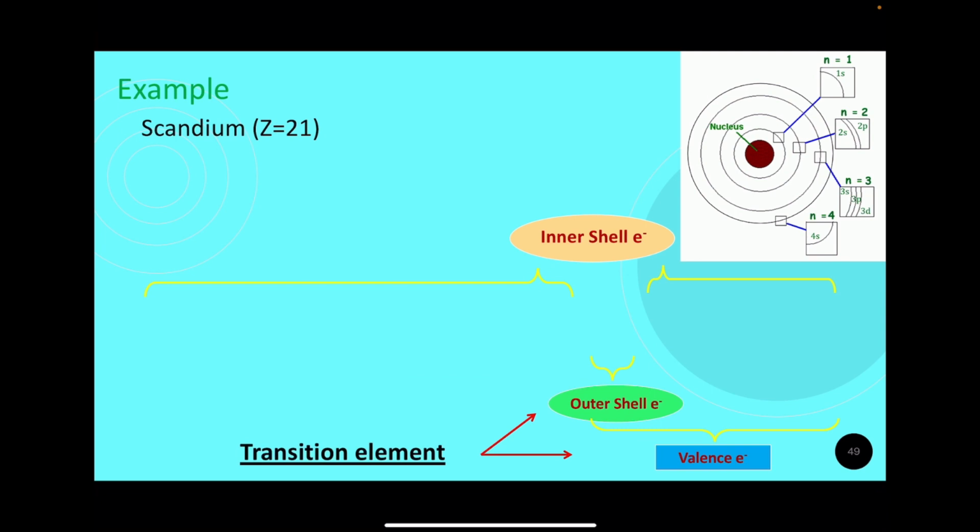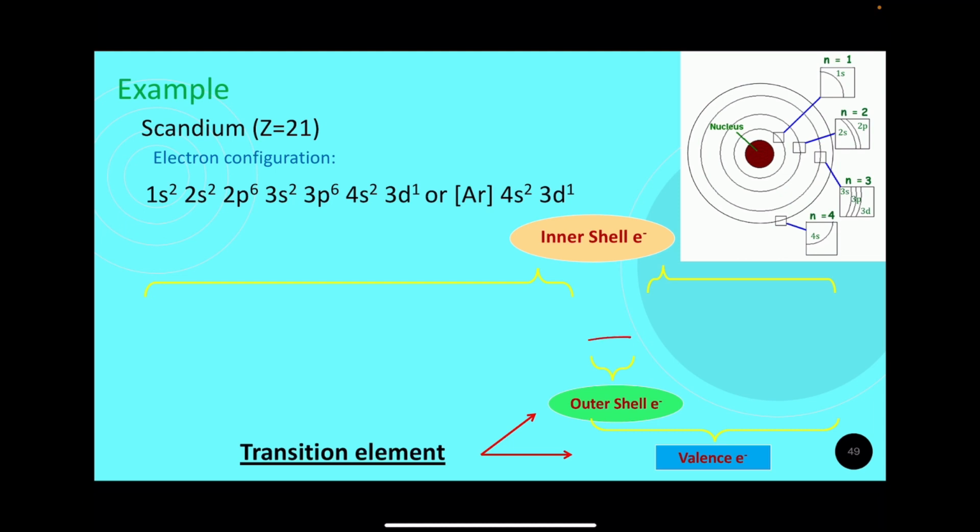Okay, next another example, scandium, with electron number 21. This is the electron configuration for scandium. So we start with drawing the orbital diagram. First, 4s, and then 3d 1 2 3 4 5.